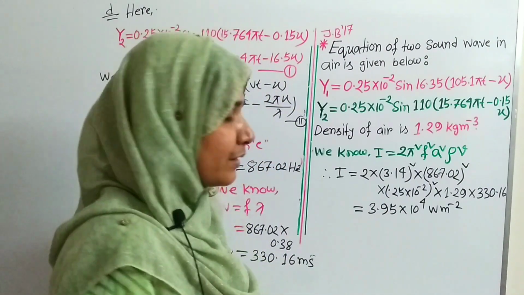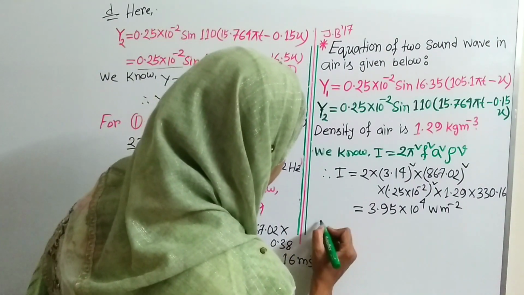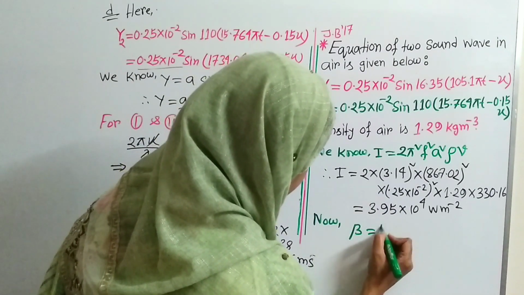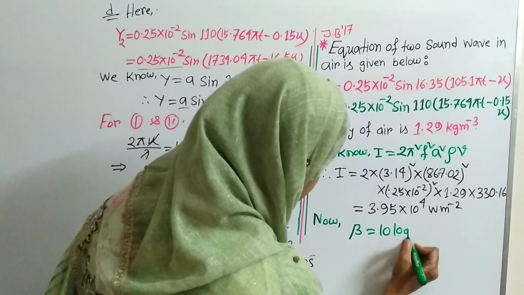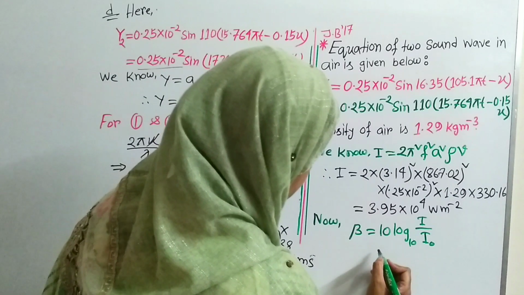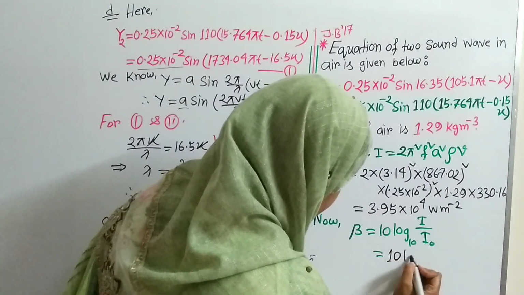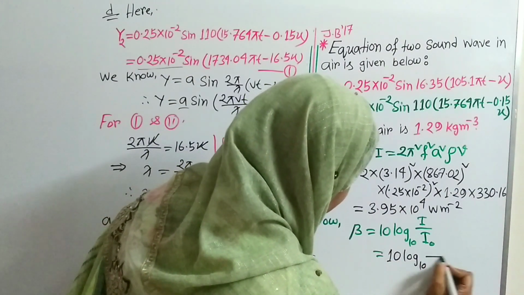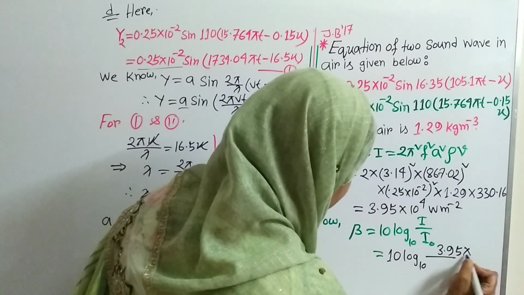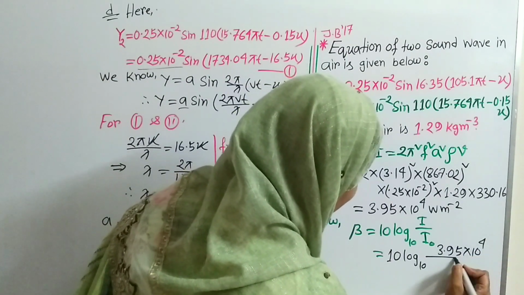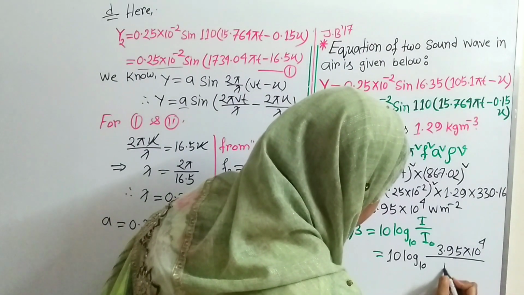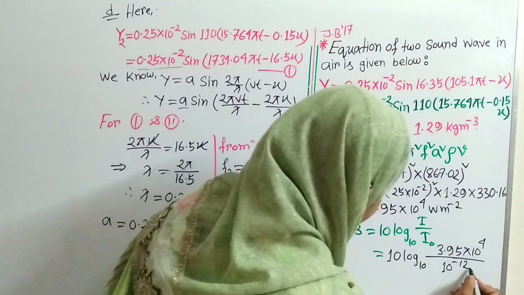Now we can easily calculate the intensity level or beta. Beta is equal to 10 log 10 I by I naught. Value of I is 3.95 into 10 to the power 4, and the value of I naught, that is the standard intensity, is 10 inverse 12.